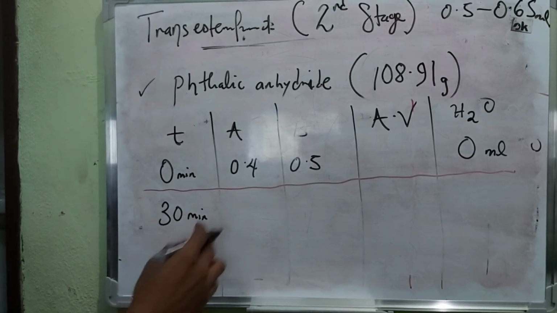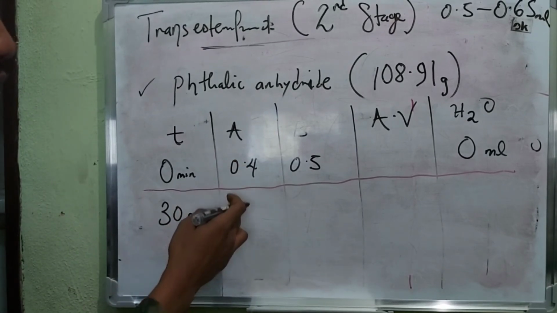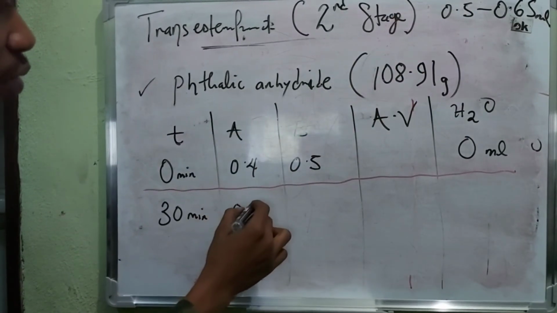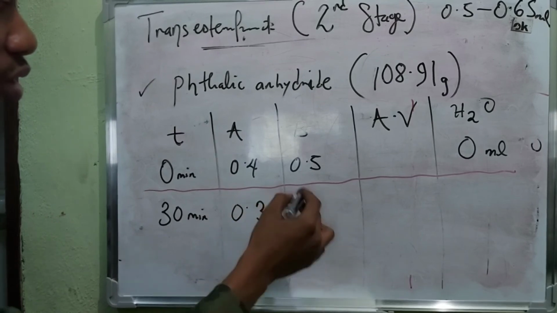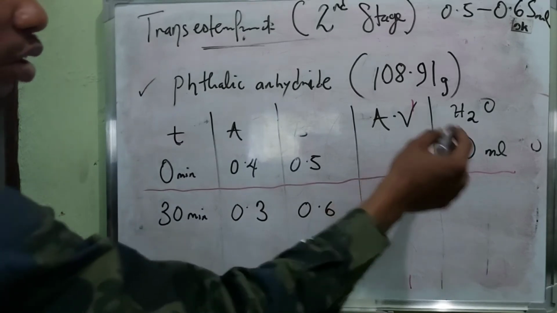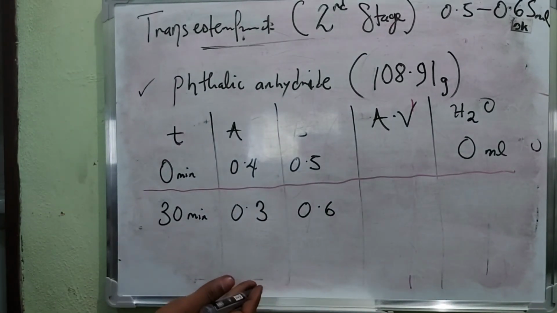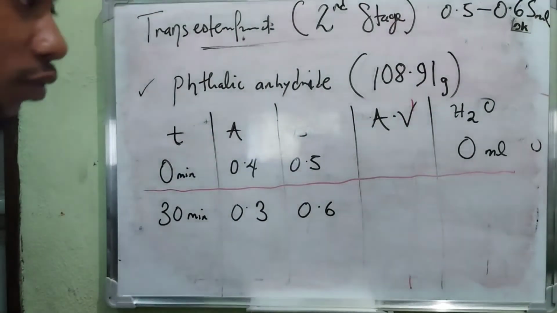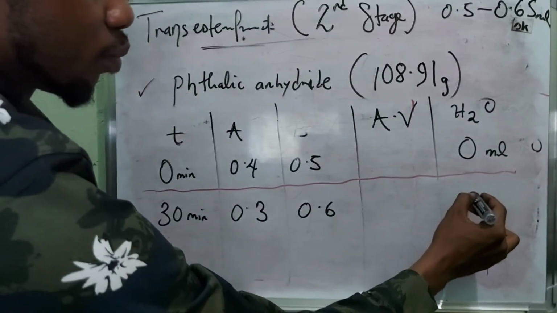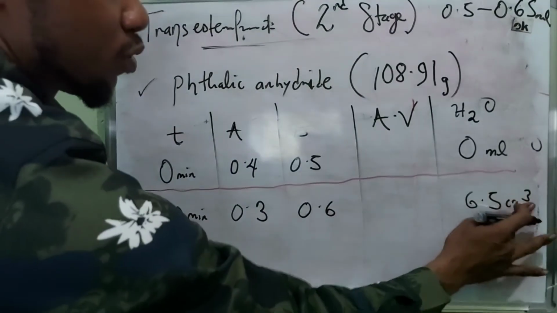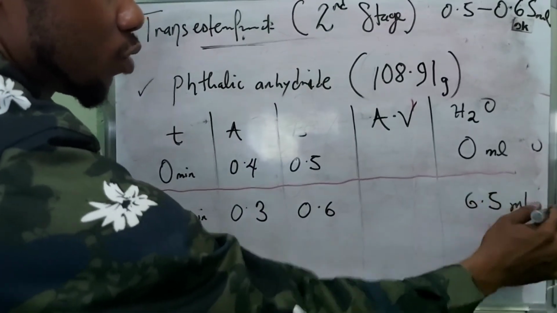At the 30th minute, the same thing, you are going to weigh between 0.5 and 0.65. Let's say this time you weigh 0.6. Then probably you might have gotten your volume of water removed, maybe 6.5 centimeter cube or 6.5 mL, depending on the unit you want to work with.